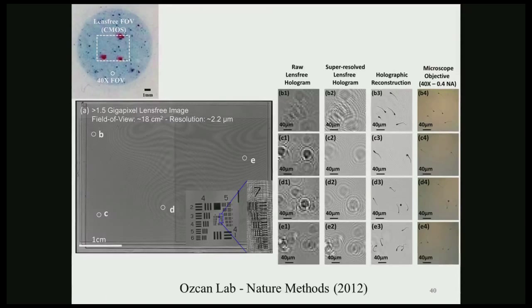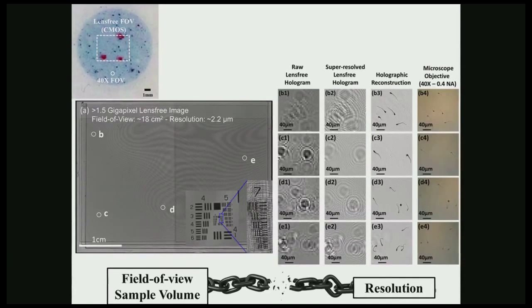Depending on your resolution and field of view combination, you can select different types of sensors. Depending on the pixel size, depending on the megapixel count, you will have a different combination. That's very important to highlight. The connection between resolution and field of view is broken here. You don't have the trade-off that is traditionally governing all kinds of lens-based imaging designs: if you improve resolution, you sacrifice field of view and sample volume, and vice versa.